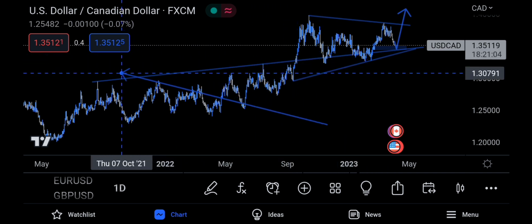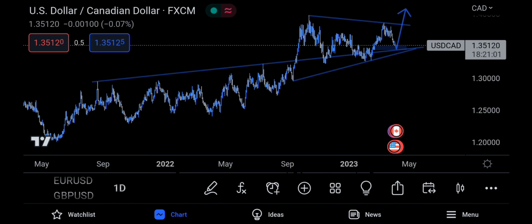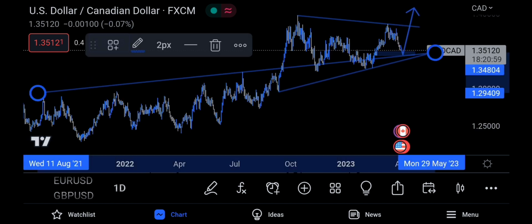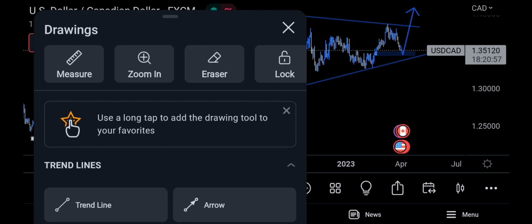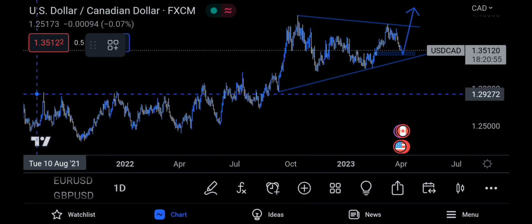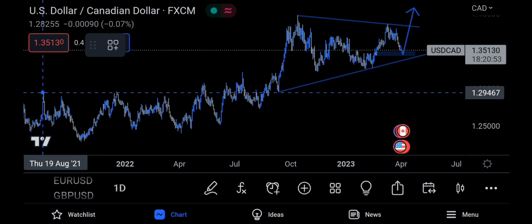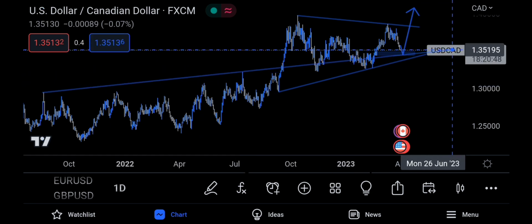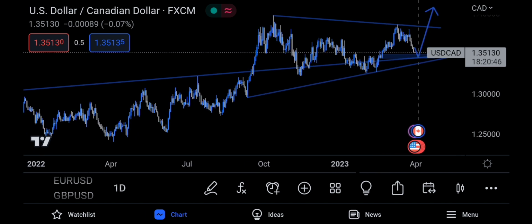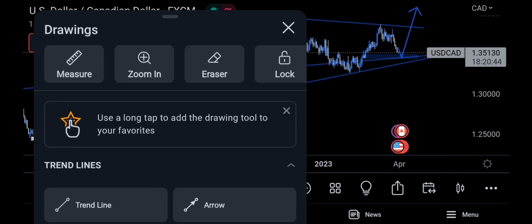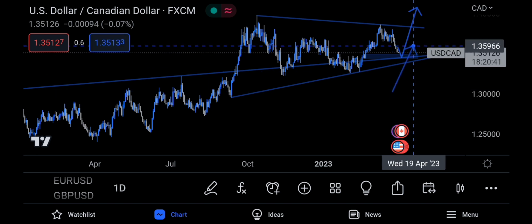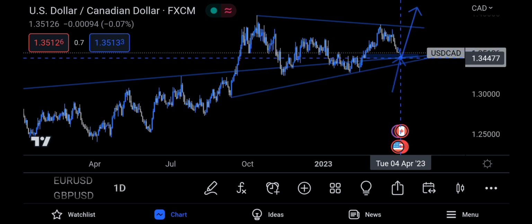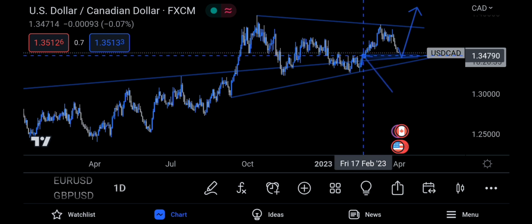Now, if we draw this trend line, which I have done already, let me take it out. If we establish it very well on these highs and take it across, we should expect price at least to test it, and if we test it, it is in confluence with the daily demand that I just talked about.